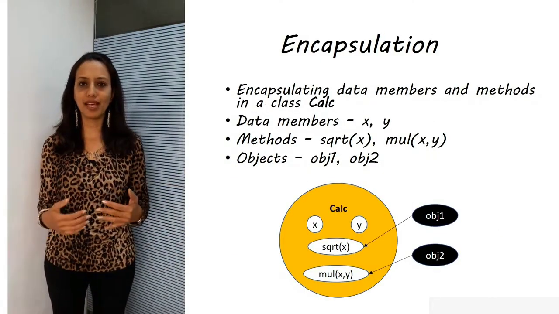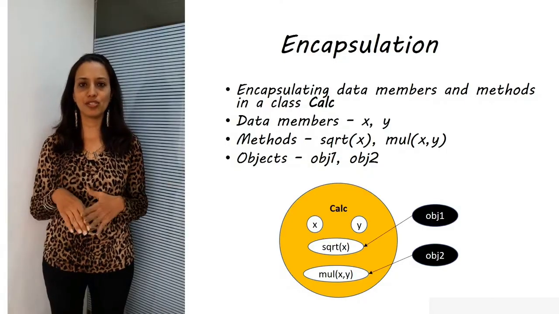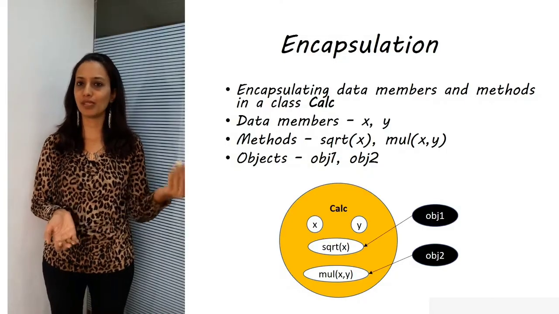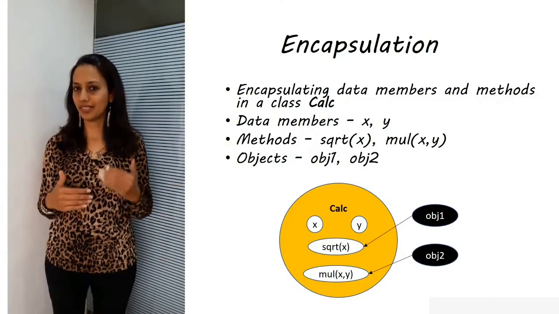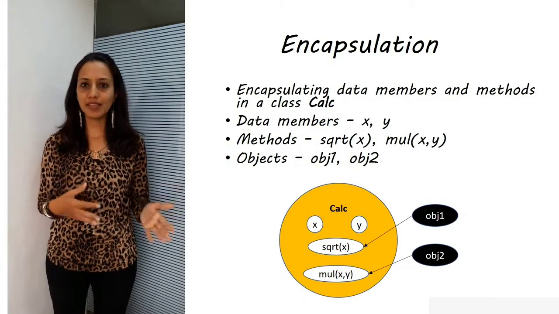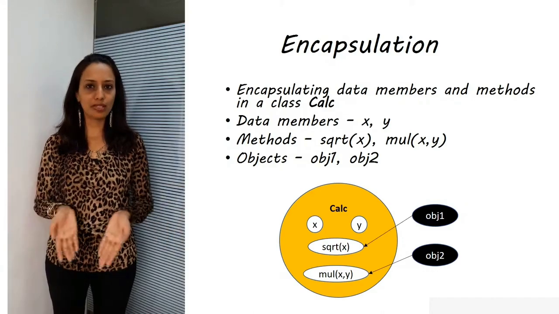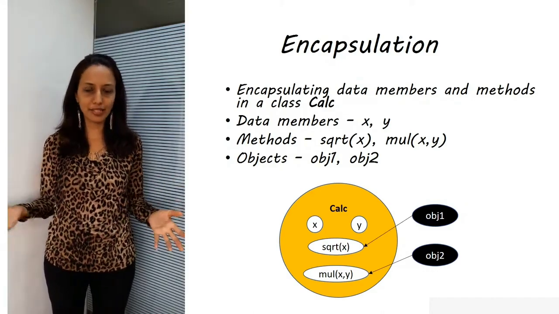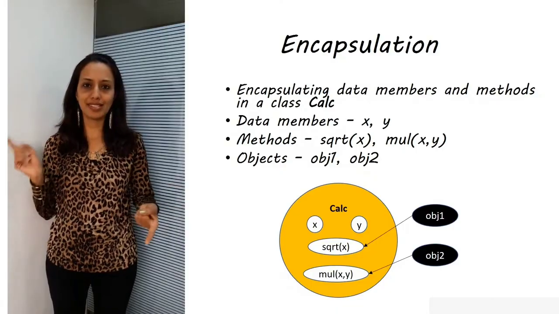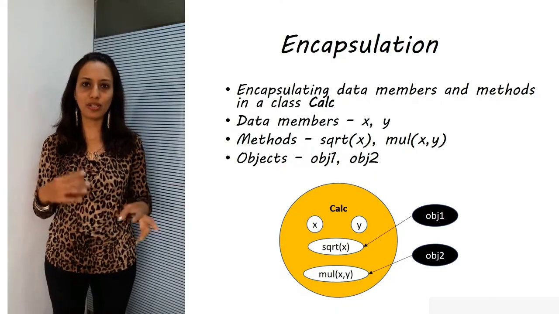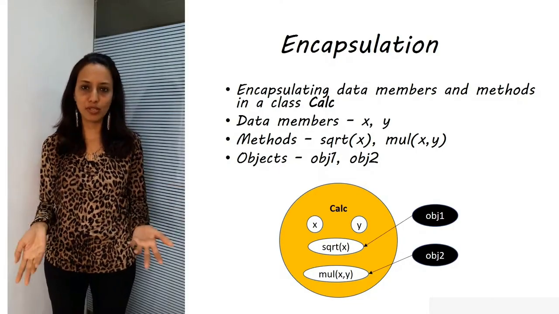The idea of encapsulation is to enclose your data members and methods into an enclosed structure, which we call a class. On the screen you can see a class called calc, which is short for calculator, and we have 2 data members, x and y, which are supposed to store some numbers.